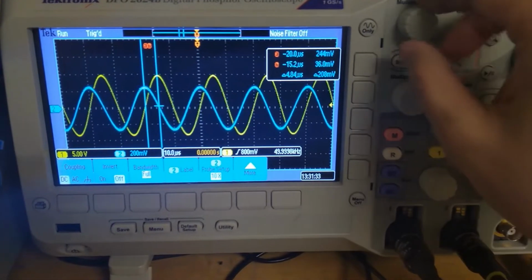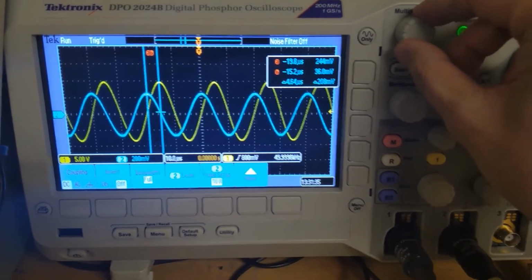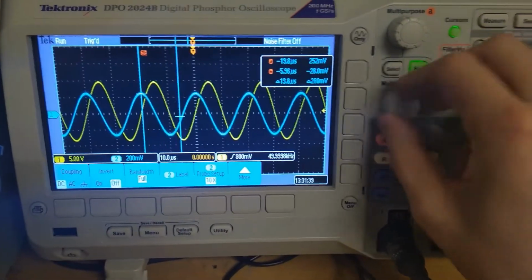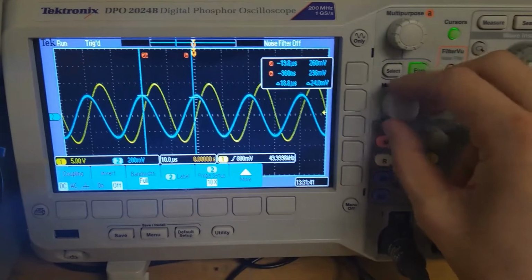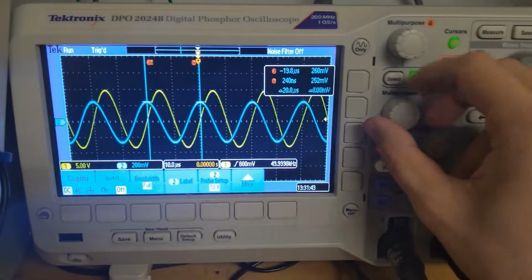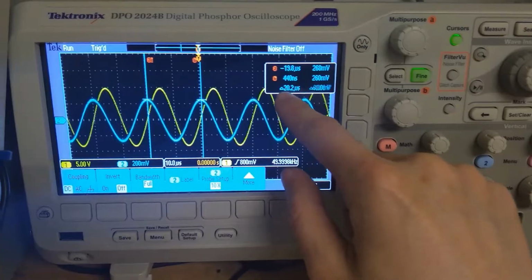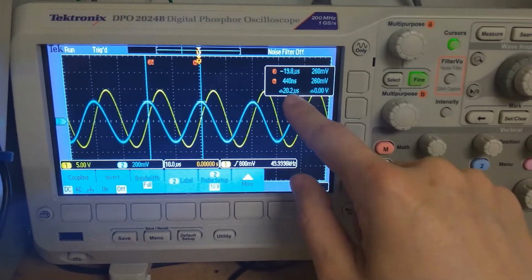So for example, if we put the first cursor at the peak here, then we want to put another cursor at the next peak of the same signal. Right. So now if we look at the time interval here, it's 20.2 microseconds. It's our period.